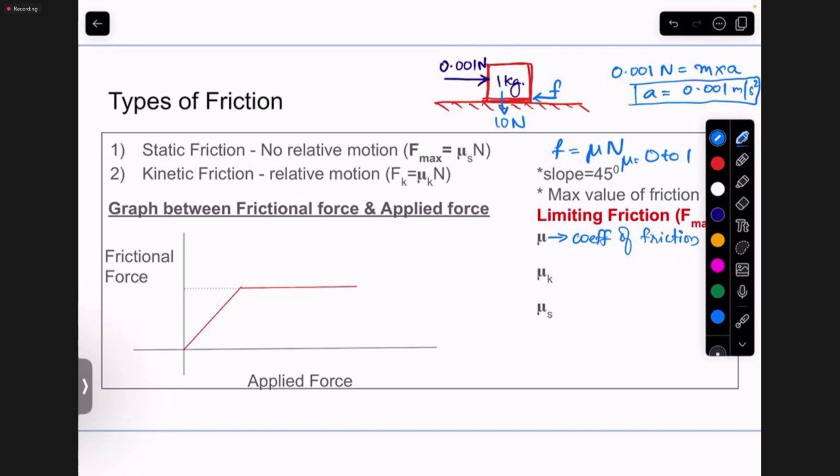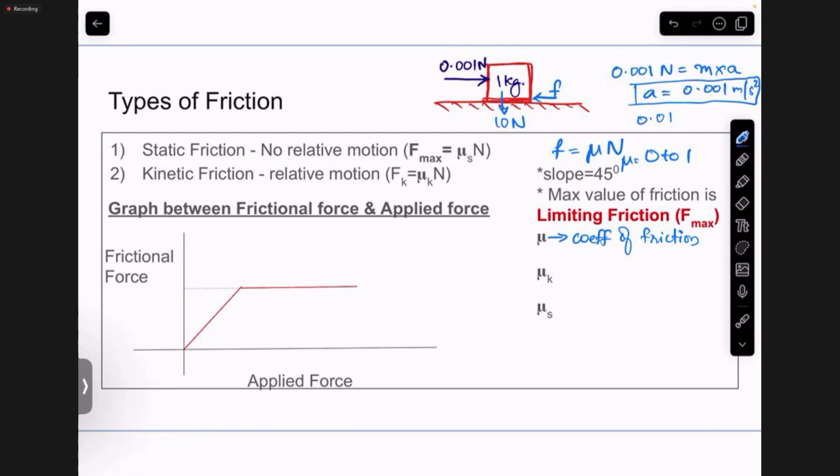So what will happen is, this coefficient of friction, even if it is like 0.01, this F will be larger to counter this 0.001, right? That is why this object will not move until a significantly larger external applied force is acted on it.